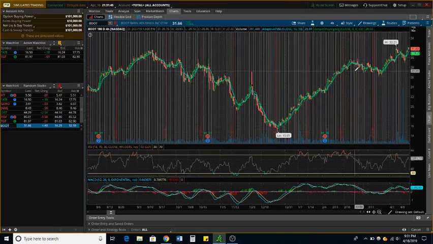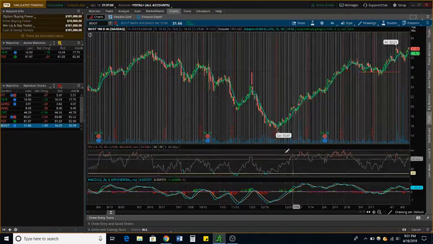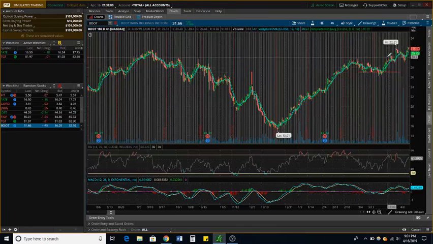Seemed to have bounced. It bounced here at about $27. Upward momentum, bounced at $27. Sort of bounced again here at about $30.